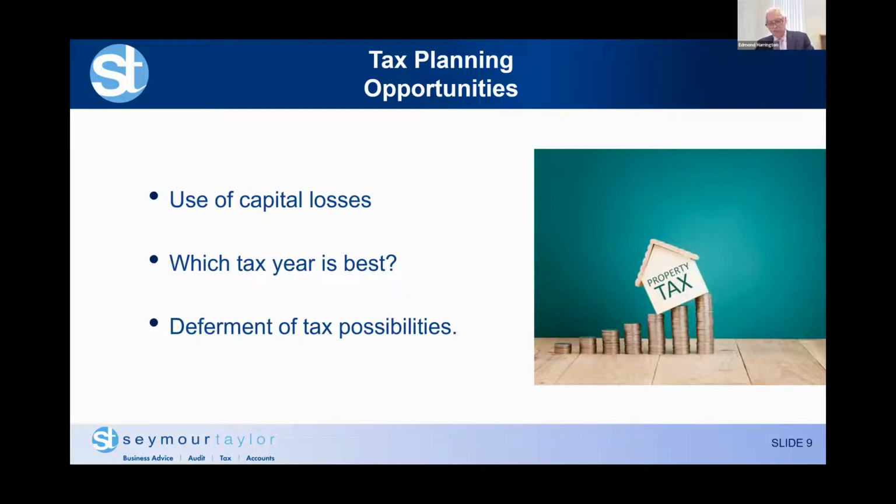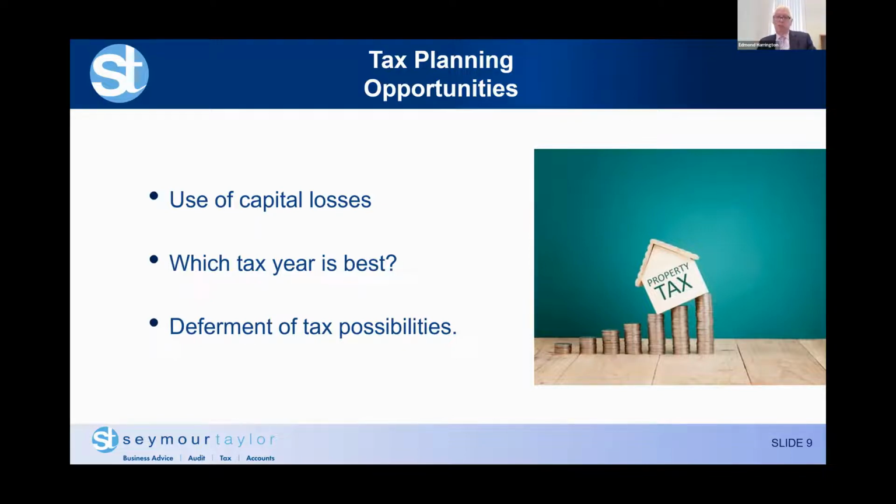Previously mentioned that the basic rate of capital gains tax for residential property is 28%, but some of the gain could be taxed at 18% depending on your income tax situation. So again, if your income tax situation is quite different between those 2 years, that is worth looking at.